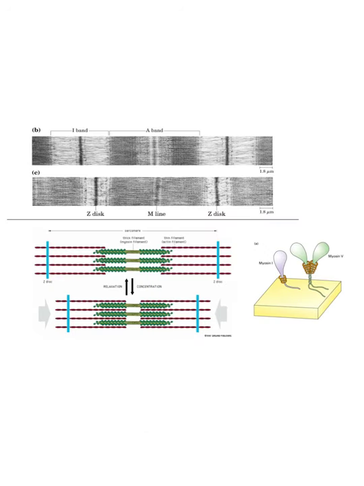Here's a better look at the striations and a better look at the A bands and I bands. Now we're looking at them under electron microscopy. And let's first begin up here, and then we'll relate it to the cartoons that you see below. So here we are looking at the A band, where we have the overlapping myosin and actin.